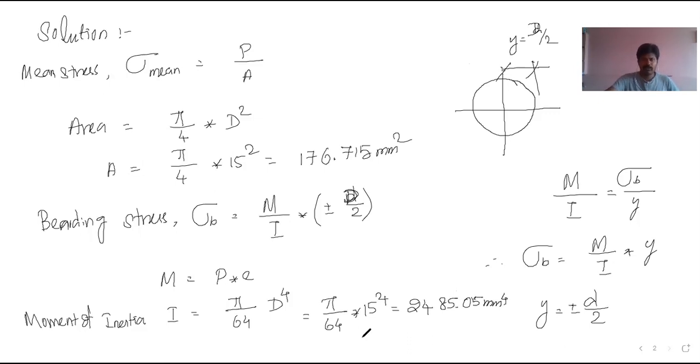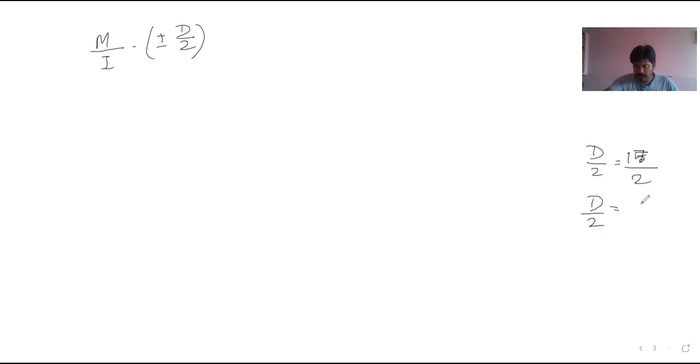So this is the value of I. Therefore, M by I into plus or minus d by 2. So d by 2 is equal to 15 divided by 2, which becomes 7.5 mm.